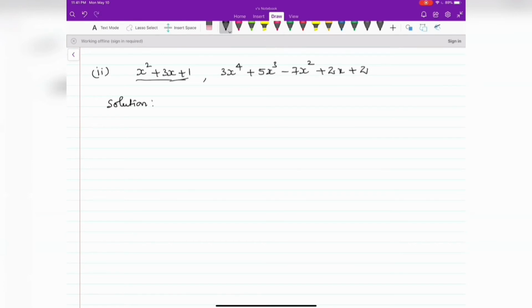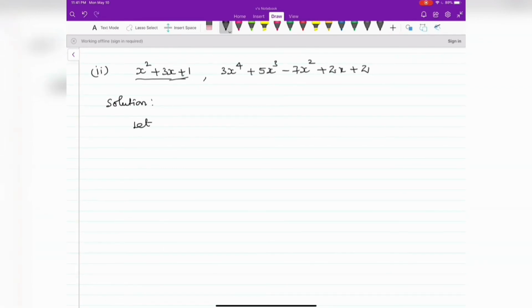Usual steps. Let us give names for these polynomials. So, let p of x is equal to 3x power 4 plus 5x cube minus 7x square plus 2x plus 2. See, already it is in standard form, because the polynomial you have taken as p of x is already in the descending power of x.